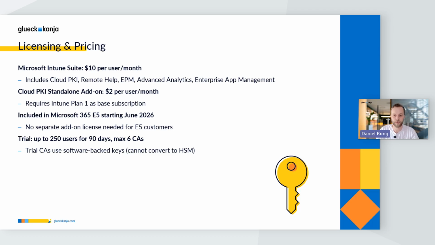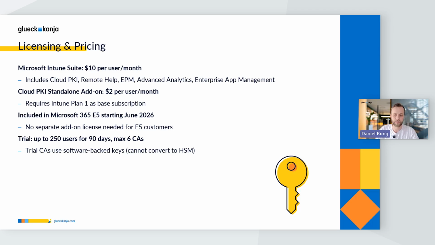Or like Stephen already mentioned, from June on, Cloud PKI will be included in the Microsoft 365 E5. So for everyone who owns this, it's basically just included. And also you can have a trial from Microsoft for up to 250 users for 90 days.